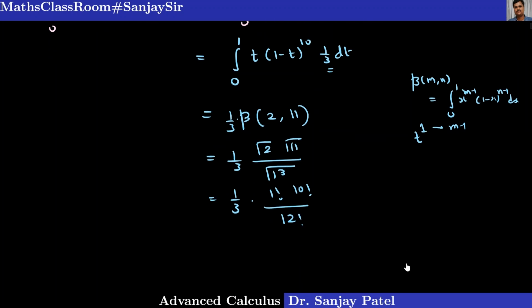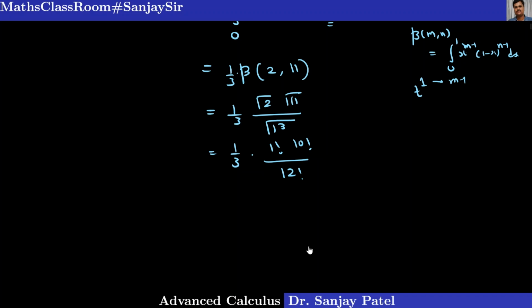So if you simplify this, what you will be left with is 1 upon 3 into 1 upon 11 into 12. And if you multiply these three numbers, 11 into 12 into 3, you will get 396. Correct. So this is the value of the required integral.